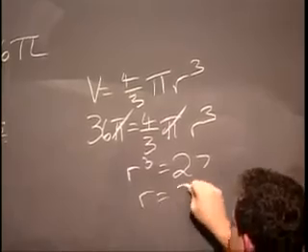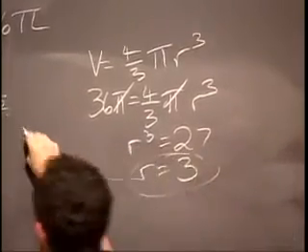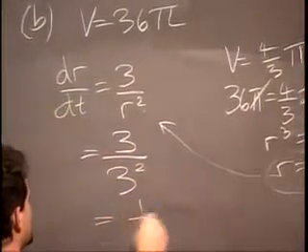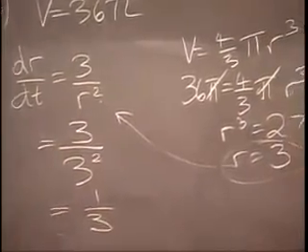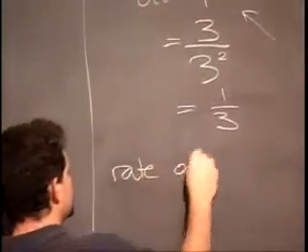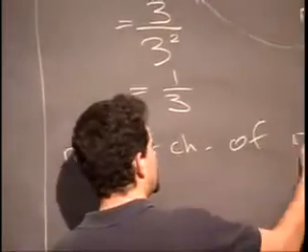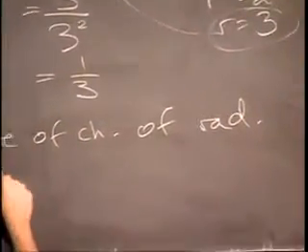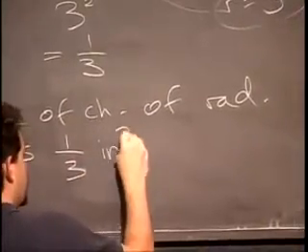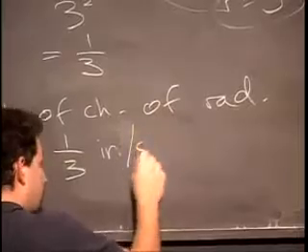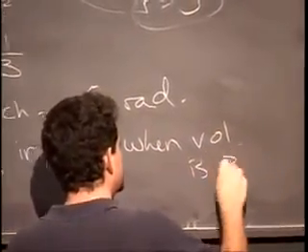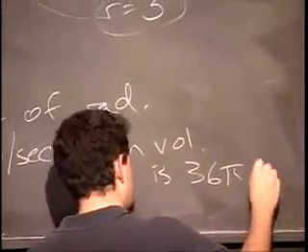So r equals 3. And then you can plug that into here and see that dr/dt is 3/3 squared, which is 1/3 rather. So at that moment, the rate of change of the radius is 1/3 inches per second, when the volume is 36 pi inches cubed.